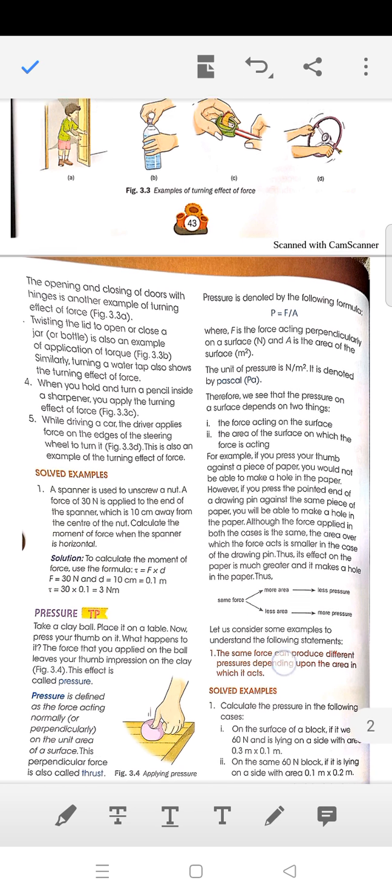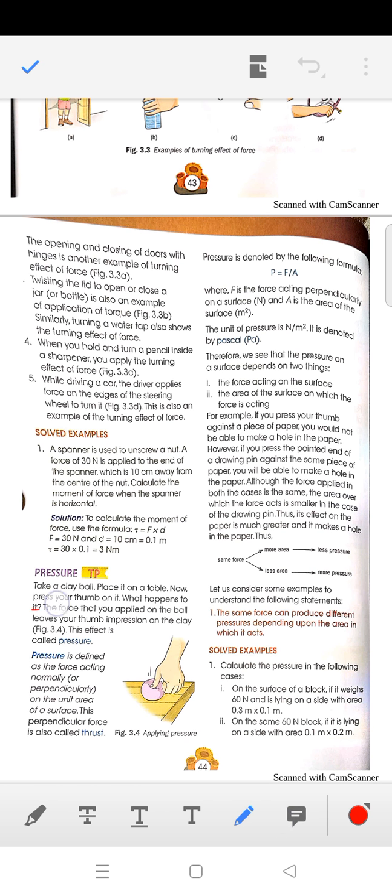Now let's come to the next topic, pressure. What is pressure? Pressure is actually defined as the force acting normally on a surface per unit area. Pressure is defined as the force acting normally or perpendicularly on a surface per unit area.